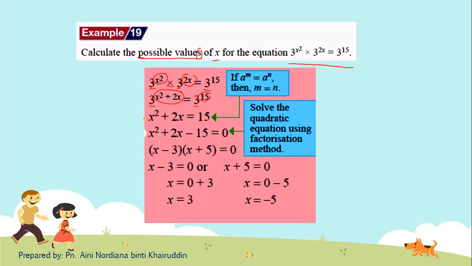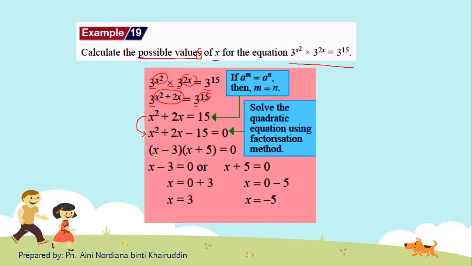And then you change to the standard form of a quadratic equation. This one you have learned last year. So x squared plus 2x minus 15 equals 0. Then solve this quadratic equation using the factorization method. Then you get (x minus 3)(x plus 5) equals 0.